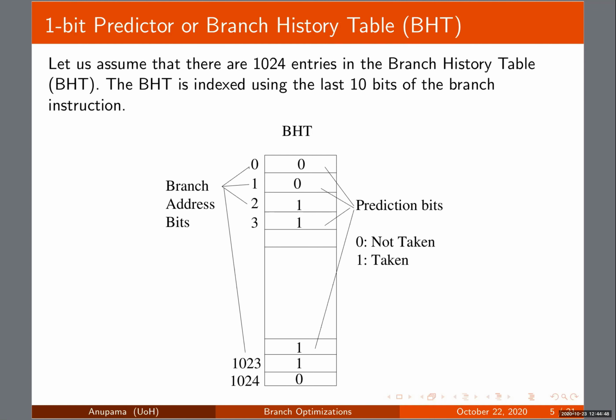Then let's say we come to a branch instruction. It indexes into the table, and the prediction is that the branch is not taken. But let us say the branch is taken. Since the branch is taken, the BHT will be updated to 1, saying that the branch was taken.